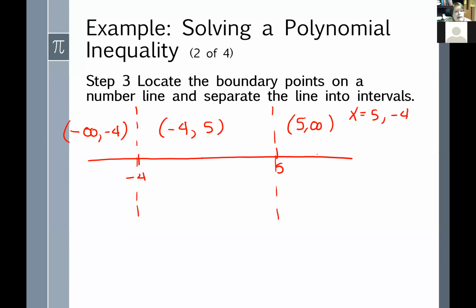And you can pick any number you want as long as it's in your interval. For example, from -∞ to -4, you can pick any number that is less than -4. So -5 maybe. So let's pick a test value of -5.